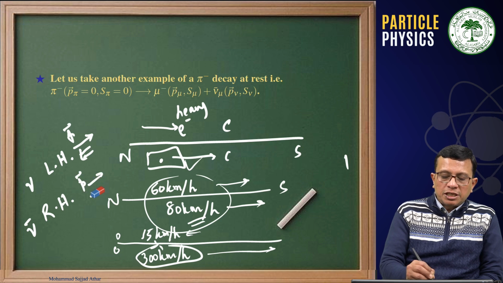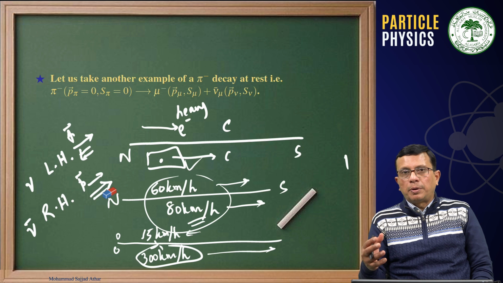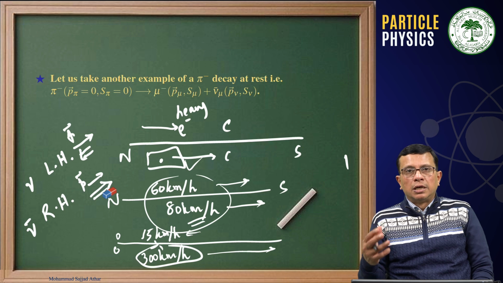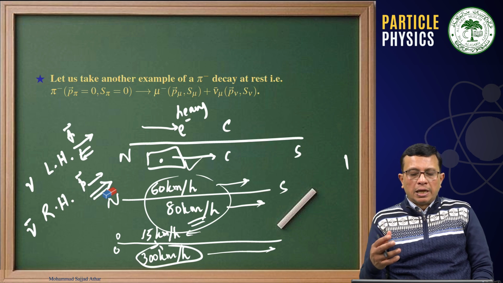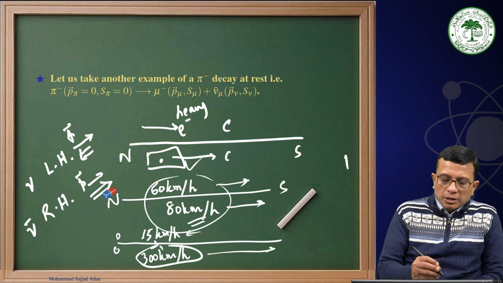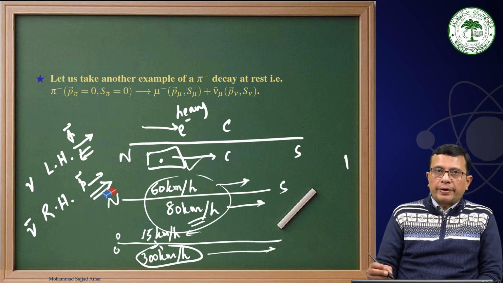Momentum and spin are in the same direction. In fact, we shall talk about how the helicity of the neutrinos was determined, and it was found that neutrinos are left-handed and anti-neutrinos are right-handed.